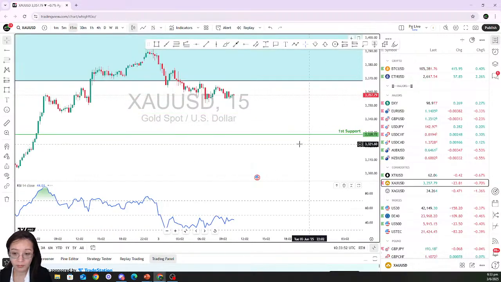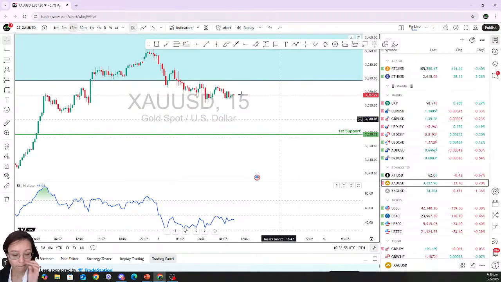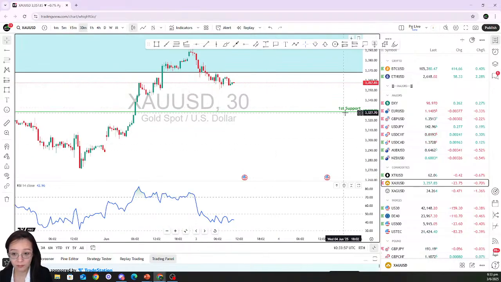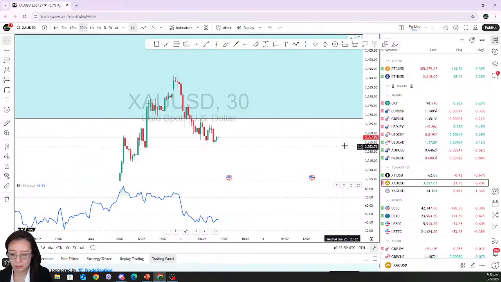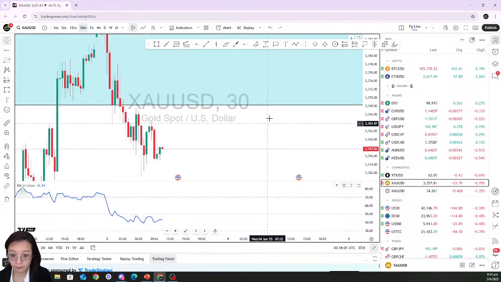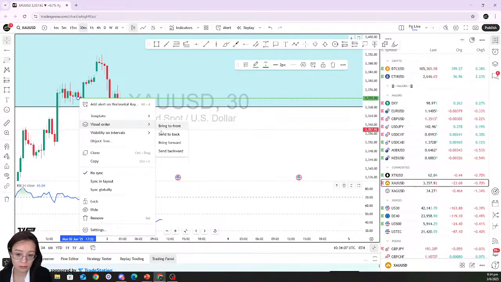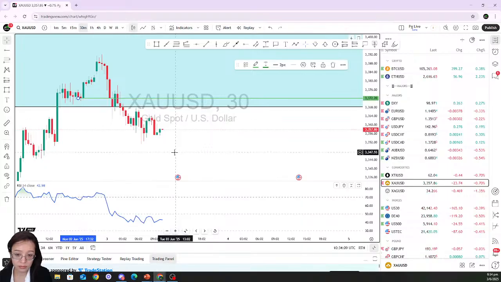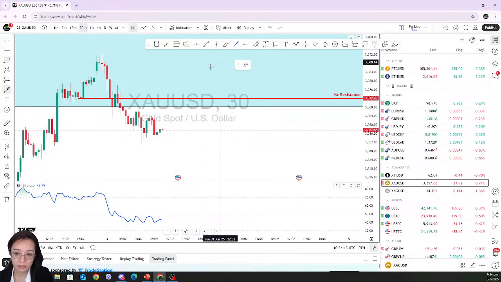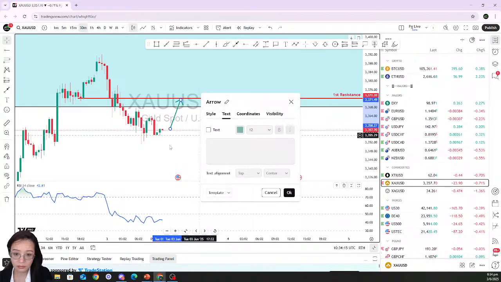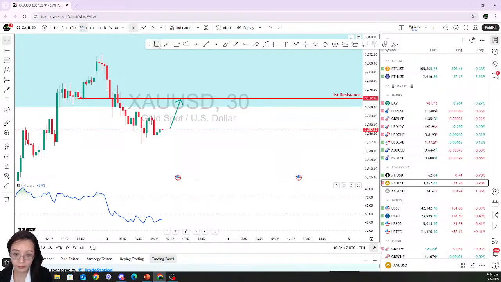Now, if you want to sell, you need to wait for price to pull back. The sell entry that I could find, if you want to sell at this resistance level, if price rises here, you sell somewhere around here, like the zone.